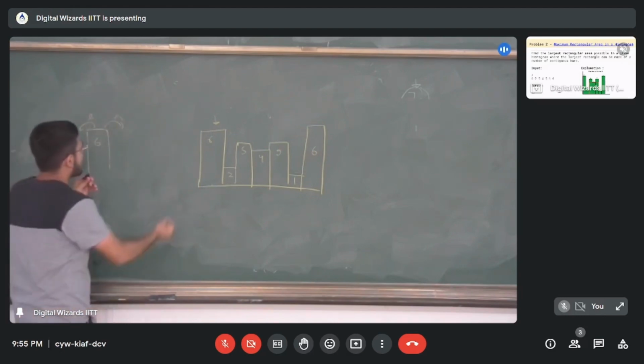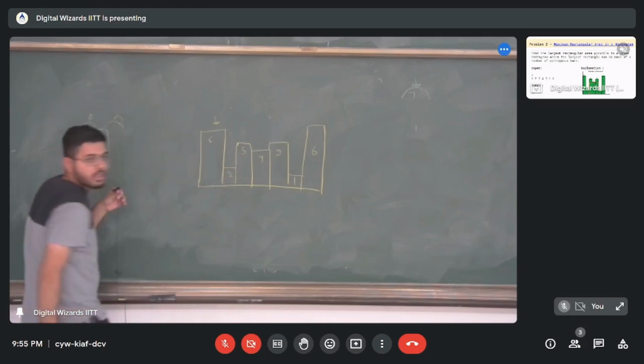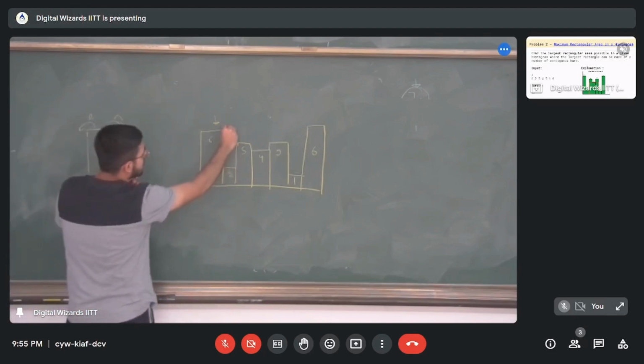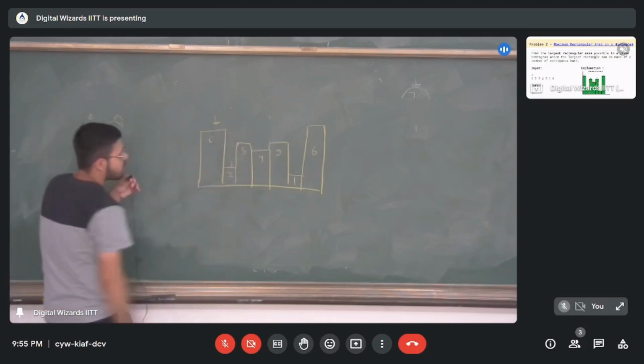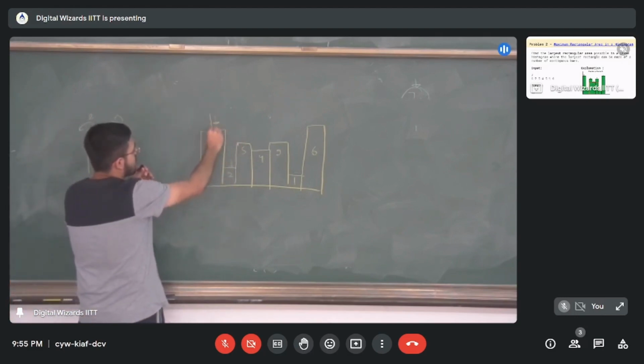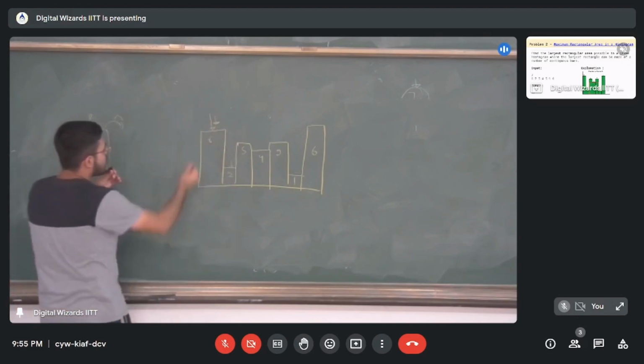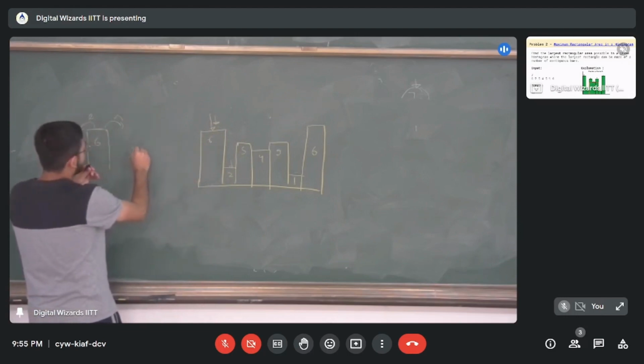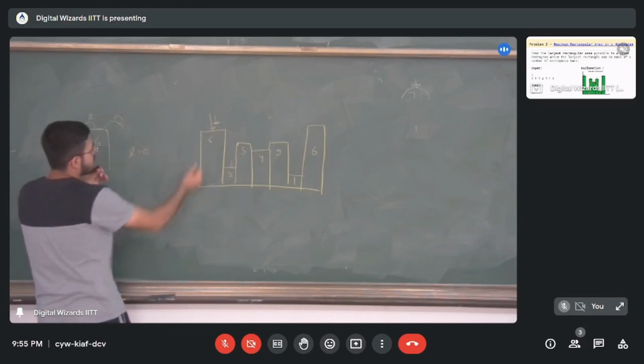So for right, it is just the next element, which is 2. So I'm going to say this is the index where my next smallest element is present. I'm just going to jump back one index. So I'm again here. And my left should be 0 because it is assumed that this element would be there.